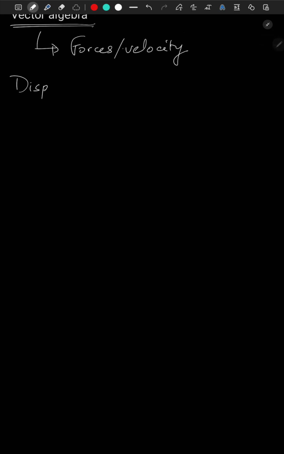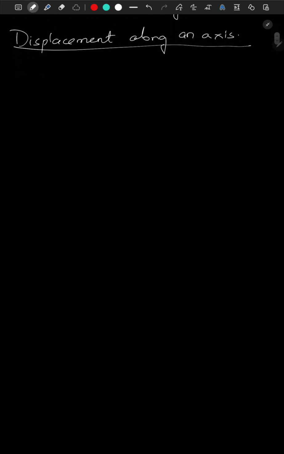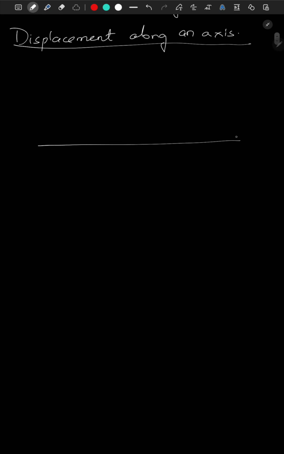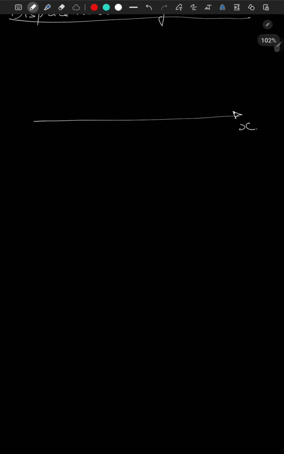Let's take displacement along an axis. So we are considering a one-dimensional axis. So this is an x-axis, and here this is a point.